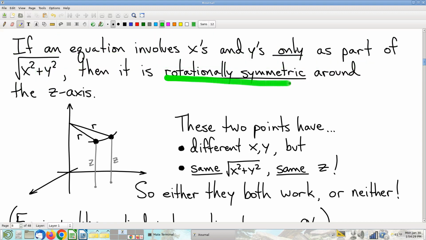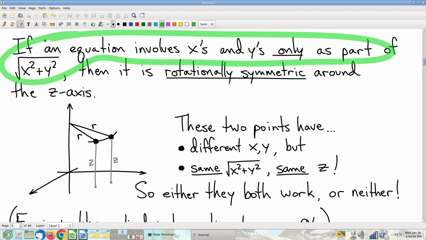Your surface is rotationally symmetric around the z-axis. And that is a tremendous amount of geometric information, as we'll see in an example to follow in just a minute.